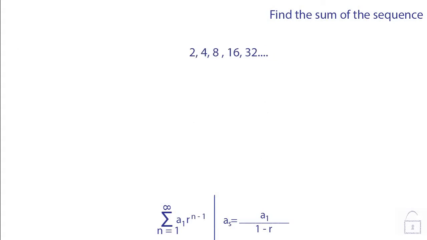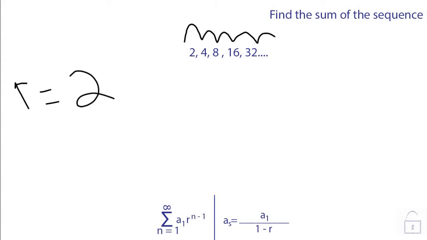Alright, so looking at this sequence, you can notice it's just a little bit different from the other ones. This one is getting increasingly bigger and bigger. Alright, so now if we have an equation like this, our R value is going to be, well, in this case, 2.